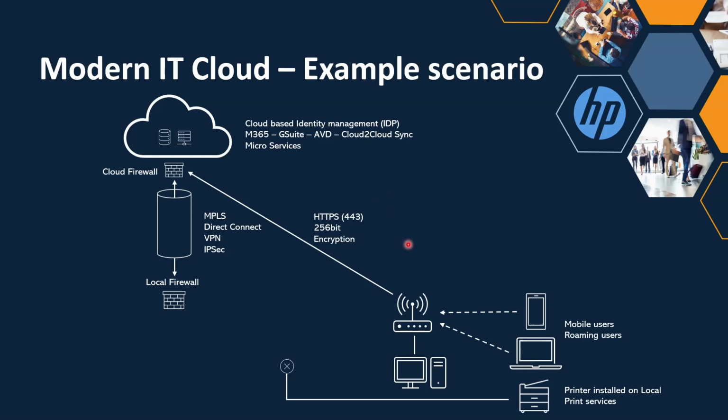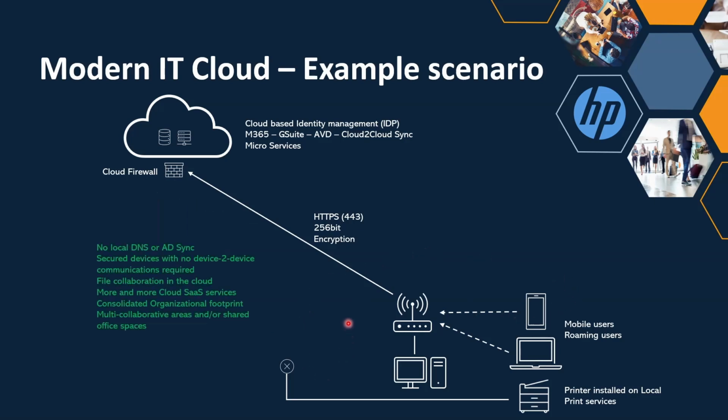And that's also led to the point where I no longer need my MPLS, my direct connect, the VPNs, etc. We don't need that for local infrastructure or services. There is none. And this push has meant that I can now secure these devices because I no longer need device-to-device communication lines.